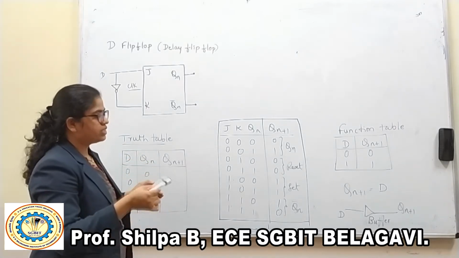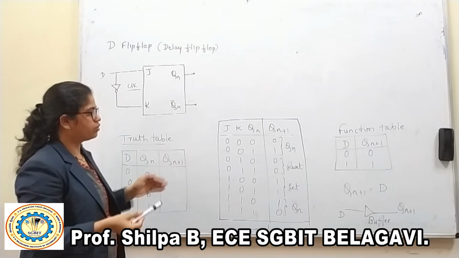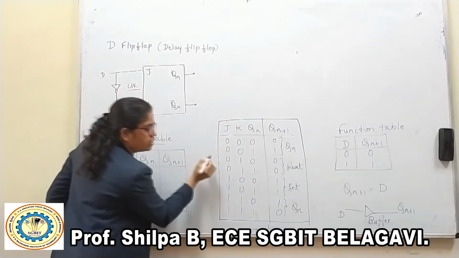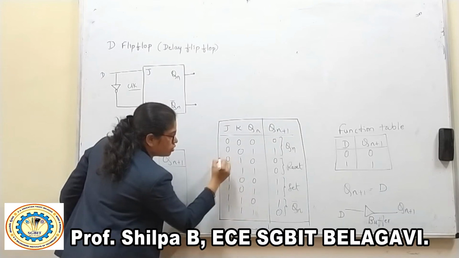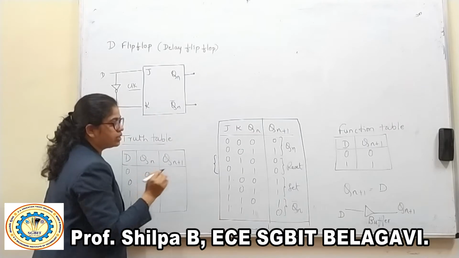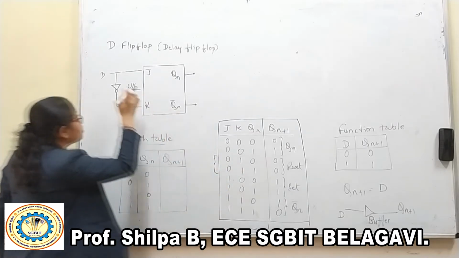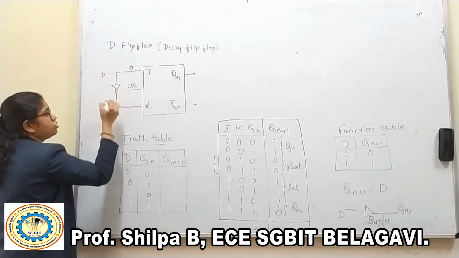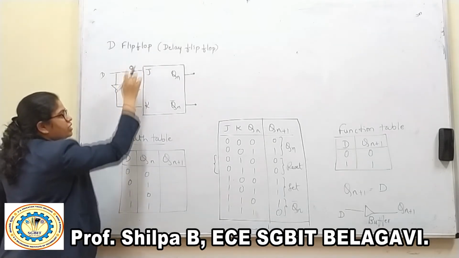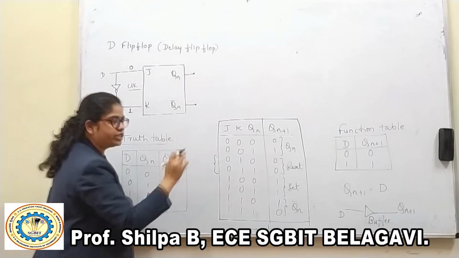So which conditions are we going to look at in the JK flip-flop? Look here: when J is 0, K is 1. These are the combinations you get, because whenever I apply J equal to 0, K will be 1 here. So I am going to look for this condition in the JK flip-flop.